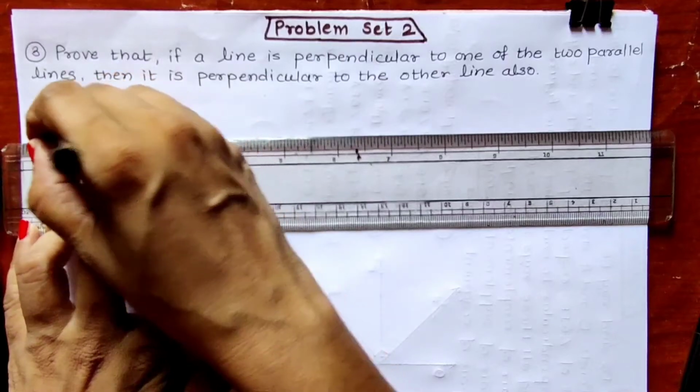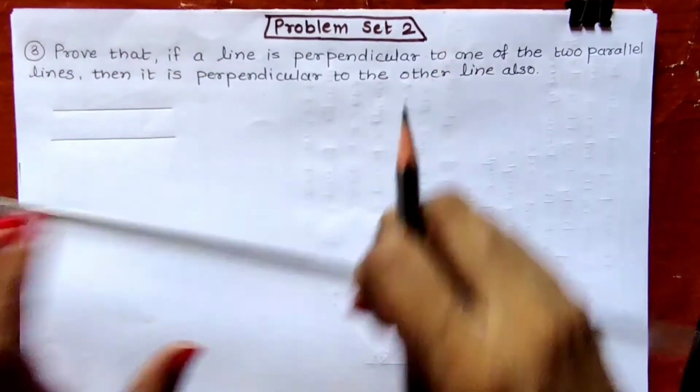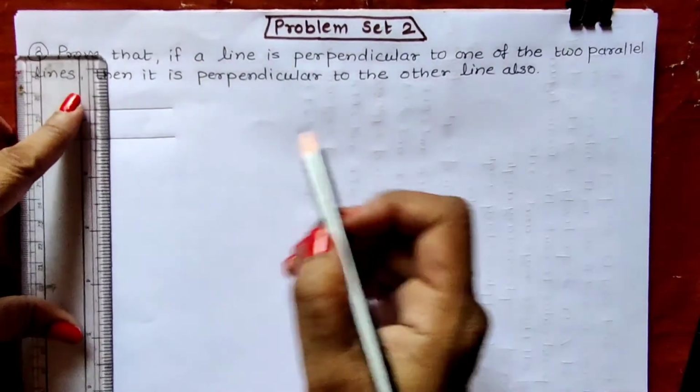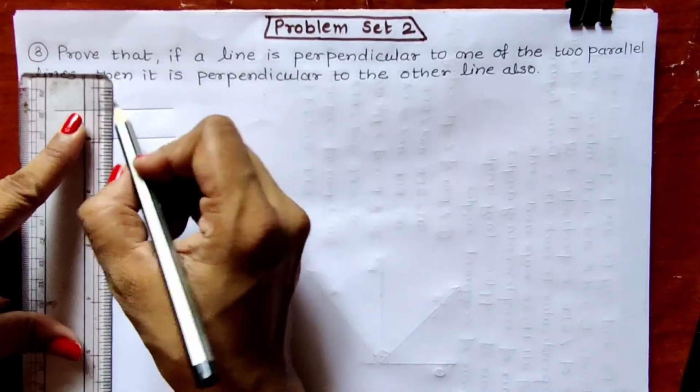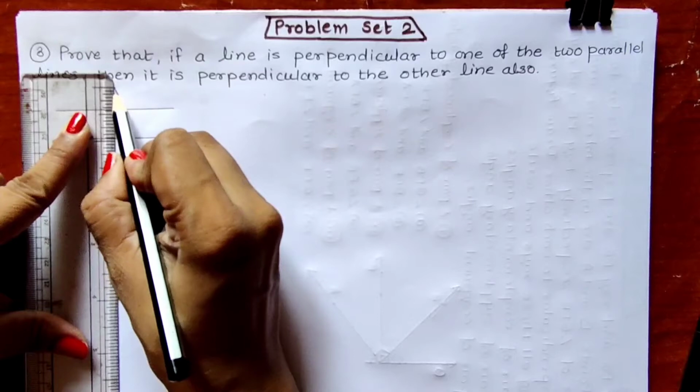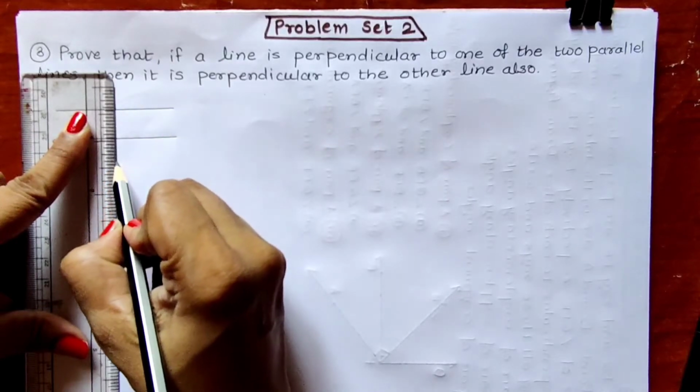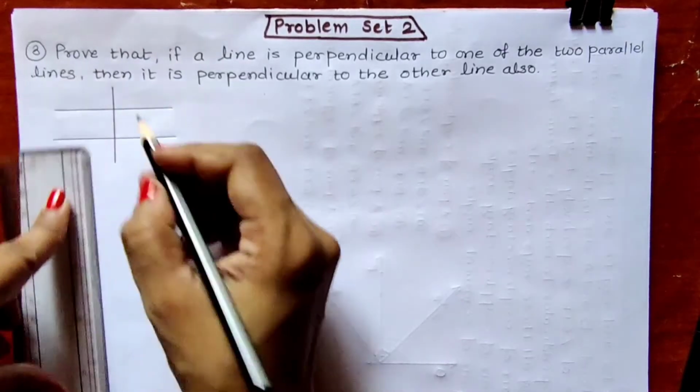Okay, I will be drawing these two parallel lines, and a perpendicular line to the first parallel line. Perpendicular means 90 degree angle is formed. So I will be extending this line in the downward direction also.